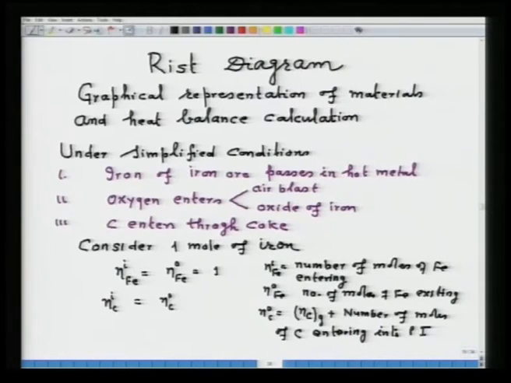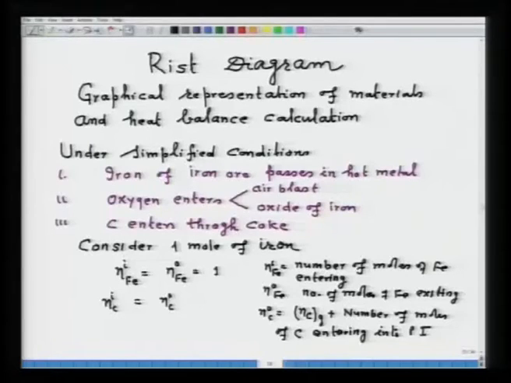There are two outputs of carbon, one in the top gas and another the carbon dissolved in pig iron, which we represent as C upon Fe in the metal. Then we can write N_iC equal to N_CG plus (C/Fe) to the power m. Let us say this is our equation number 1.